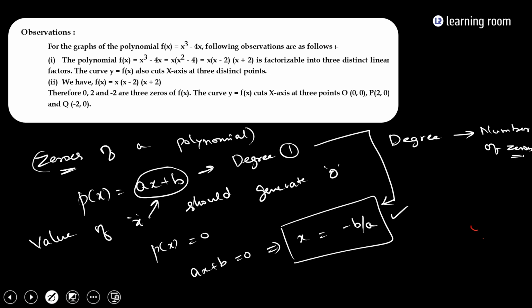This is another important point to be noted. Make notes of it. So degree decides the number of zeros. If a polynomial is of degree 1, you are going to have 1 zero. If it is of degree 2, the number of zeros is going to be 2. That is why a quadratic has 2 zeros. If it is 3, it is going to have 3. As simple as that.